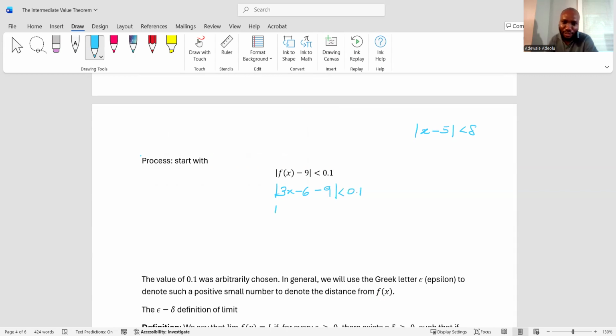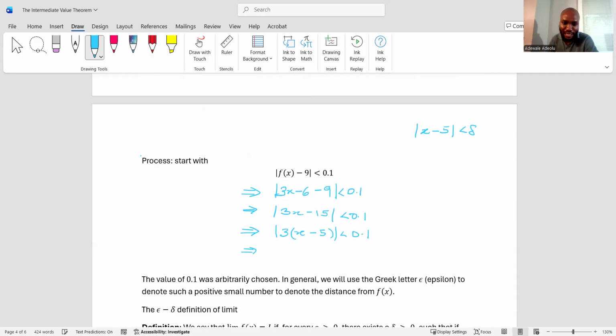That implies 3x minus 15 is less than 0.1, and I can factor this to get 3 times the absolute value of x minus 5, less than 0.1.